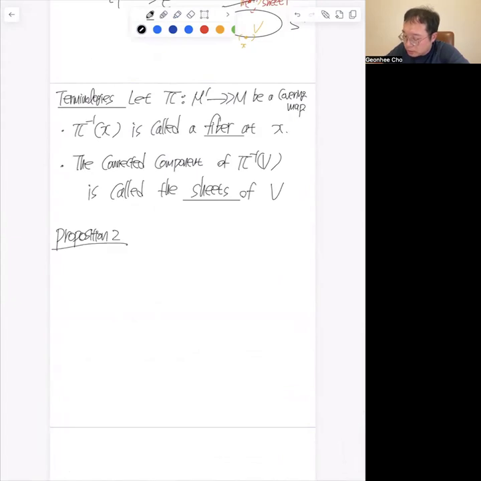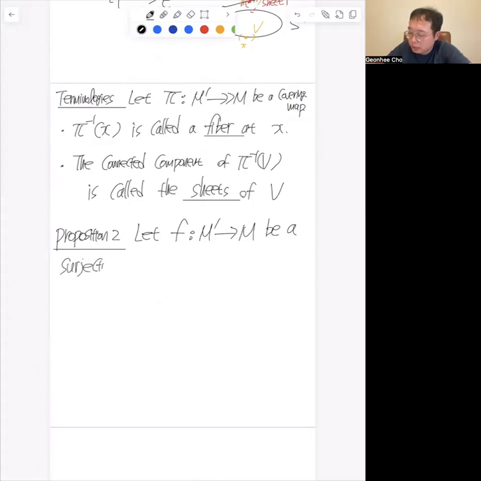So I'd like to establish a criterion for whether or not a given map is a covering map. In order to do it, let me start from a certain surjective map f from M' to M, which is surjective.